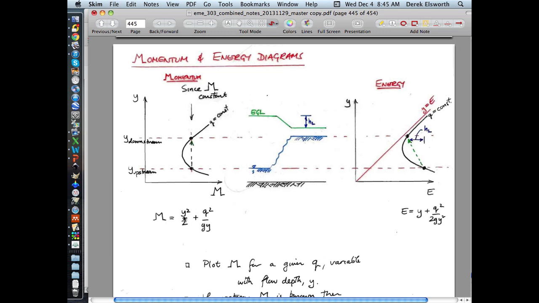The units of momentum on this diagram have to be depth on the one axis and length squared on the horizontal axis. So in other words, we know the flow rate, we take the depth equal to 0, and change the value up to whatever we want, and we get a curve.